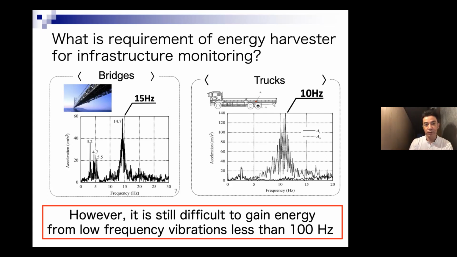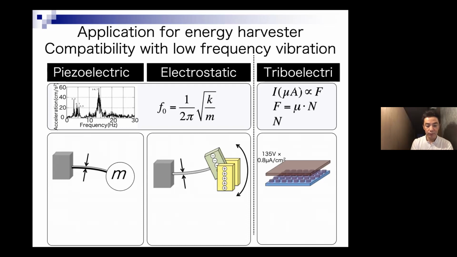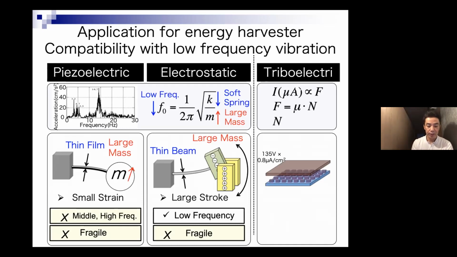Why is it difficult? If you want to create energy from low frequency vibrations, there are three ways. One way is using piezoelectric materials or electrostatic materials. In both cases, we need a very thin beam and a large mass to gain energy from low frequency vibrations, but such a structure is very fragile.